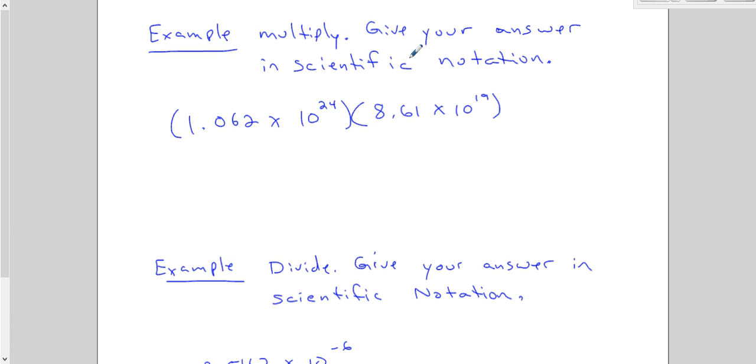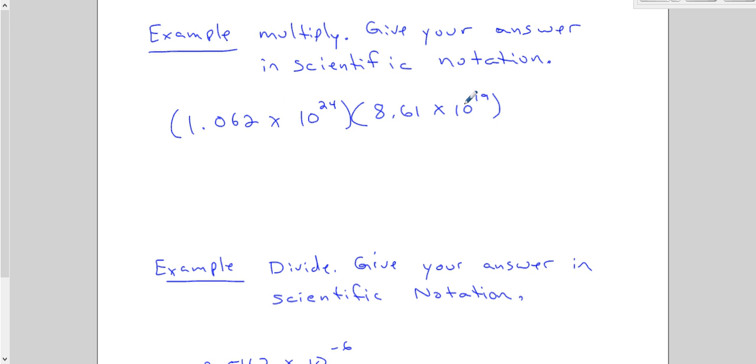Here we are going to multiply these two numbers that are written in scientific notation, and we need to write our answer in scientific notation. So when we look at this, this is 1.062 times 10 to the 24 times 8.61 times 10 to the 19.